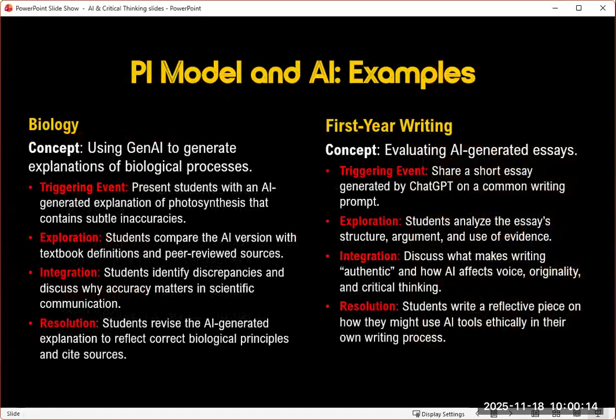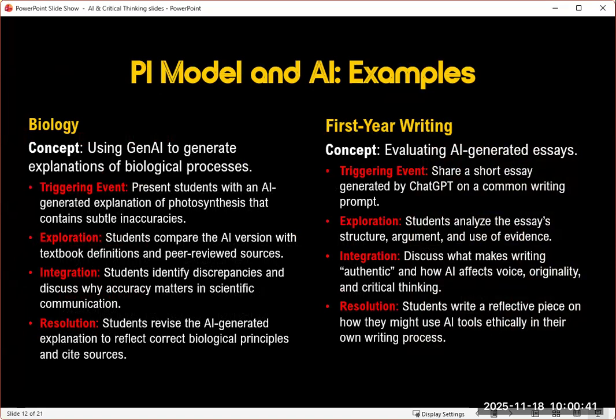So here I've got a few examples for you for different disciplines about what this might look like, applying this PI model framework over teaching and learning with generative AI. So a biology example, using Gen AI to generate explanations of biological processes, right? So present students with an AI generated explanation.